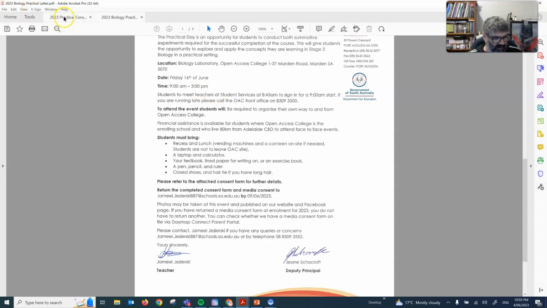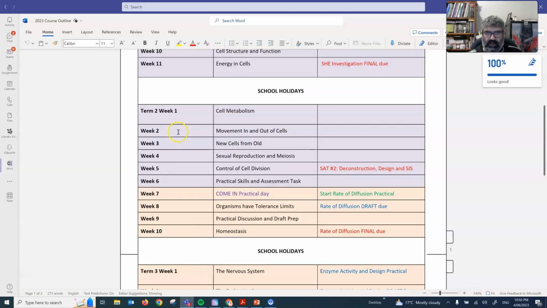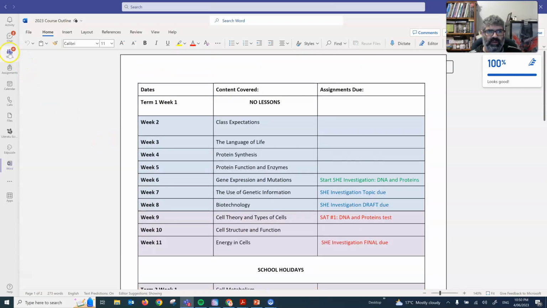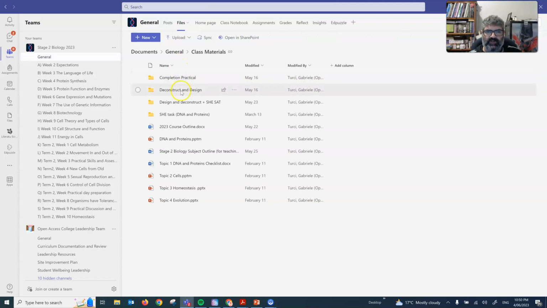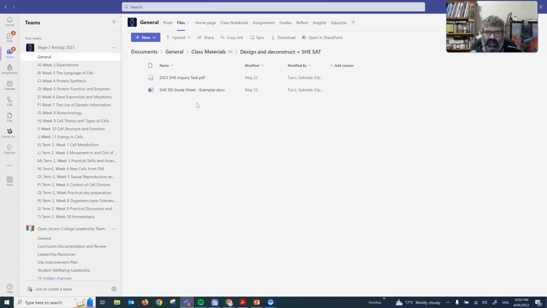So I think I've already mentioned the skills and application task that's due on Thursday, but I'll just go back a step, class materials, and here's instructions on the task.